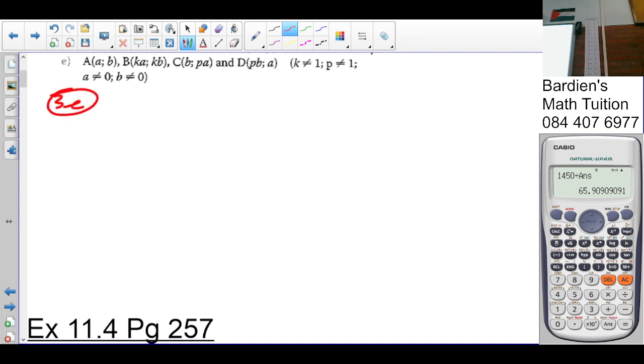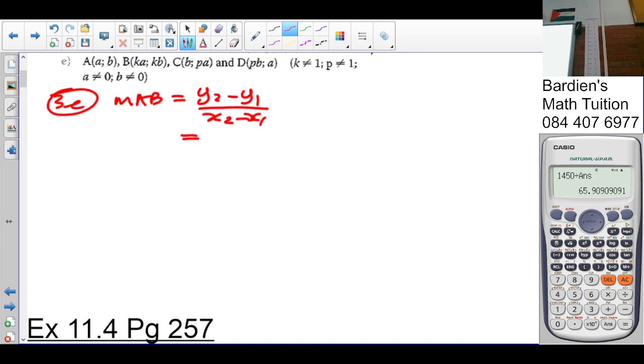Alright. So, what's the question? You must determine if the lines are parallel, perpendicular, or neither. If you're talking about parallel, perpendicular, they refer to the gradients being equal when it's parallel. When you multiply the two together and give you an answer of -1, it is perpendicular. So we first work out the gradient of AB, which is y2 minus y1 over x2 minus x1.